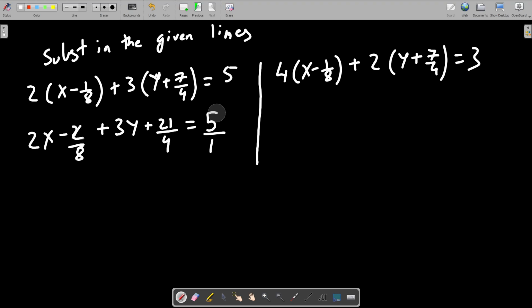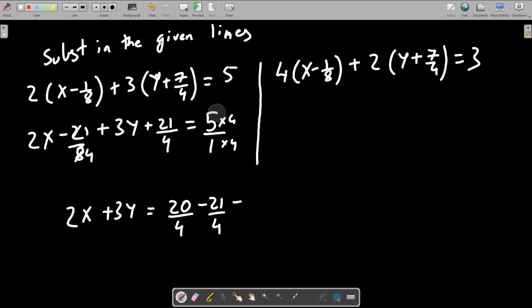So this you can write as 1 upon 4, and this I'll multiply by 4 on top and 4 down, so this will become 20 by 4. So this is going to become 2X plus 3Y. Take all the numbers on the other side: 20 by 4 minus 21 by 4 plus 1 by 4. Right, so this is 0.